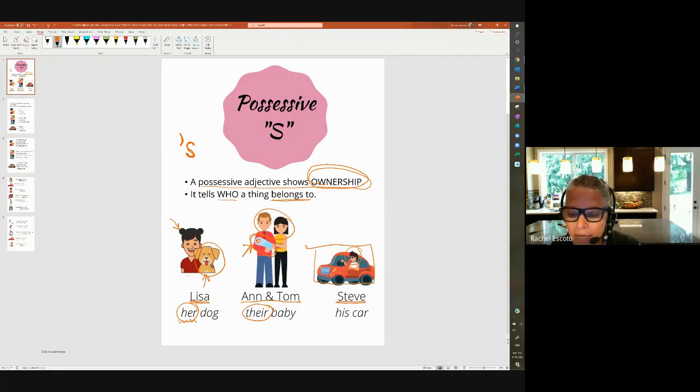Steve is a man, so it's a he, and the possessive adjective that goes with he is his. So this is his car. Her dog, their baby, his car.